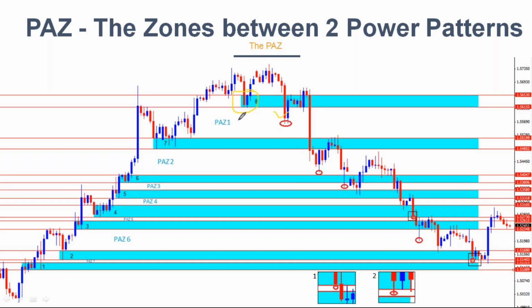The price came into PAZ, price action zone. PAZ1 is the zone between the topmost FTR and the next subsequent FTR. When price comes into that, look for an opposite trade and expect that all your future FTRs would be demolished.